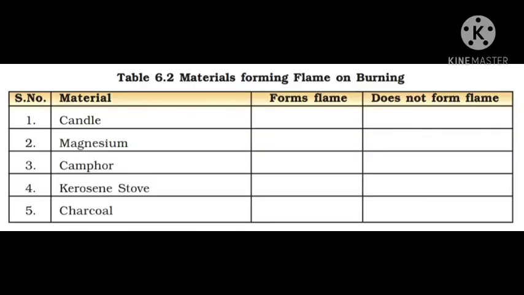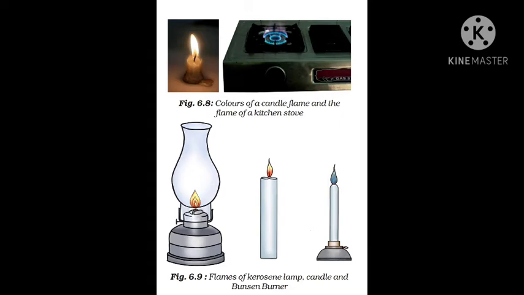Table 6.2. Materials forming flame on burning. Materials are candle, magnesium, camphor, kerosene stove, charcoal. Observe whether they form flame or do not form flame.